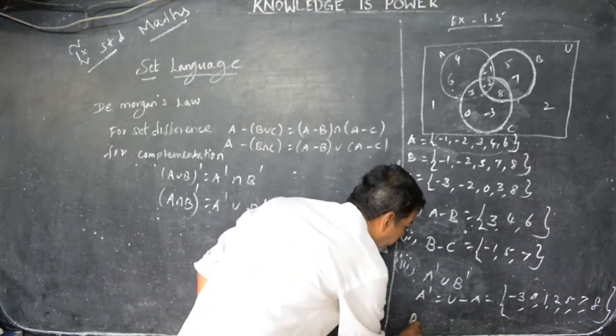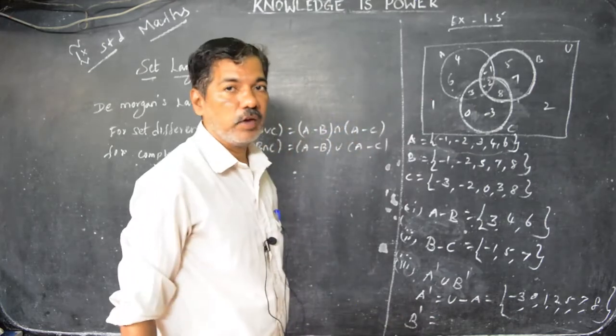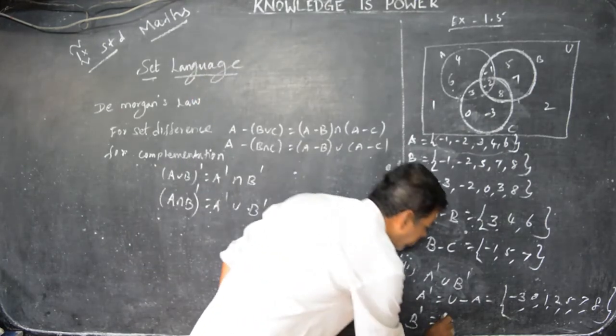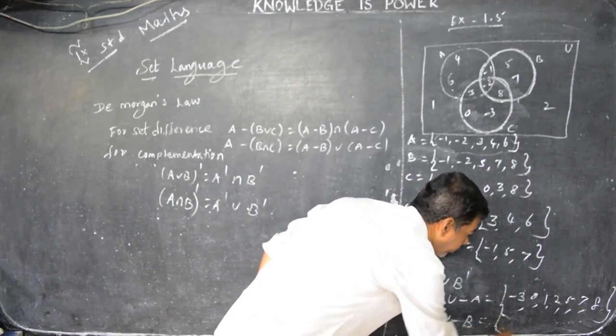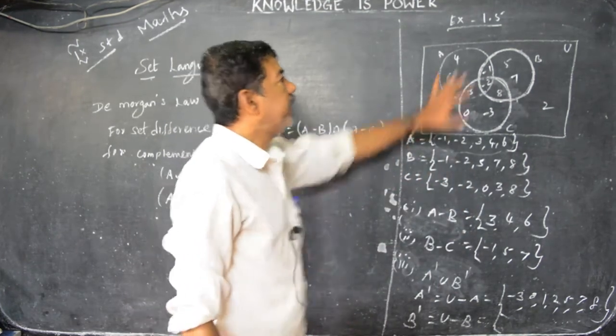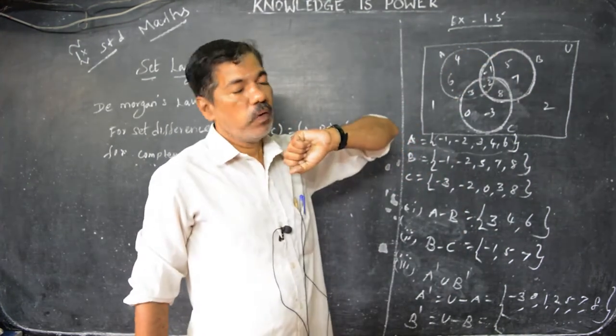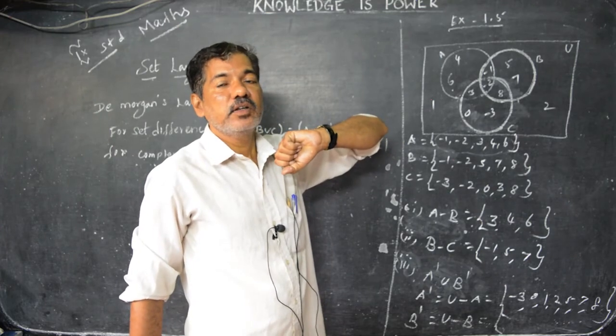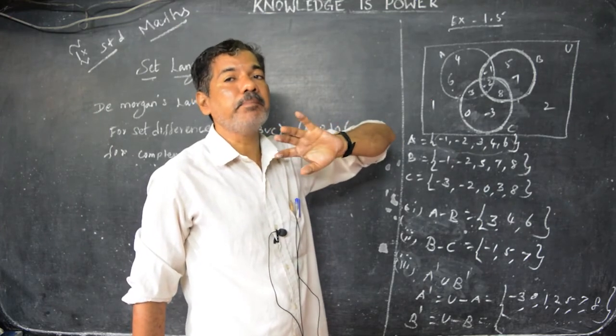Now we have to find out B dash. U minus B. இப்போ Bல இல்லாதது. So what are the elements which is not present in B?